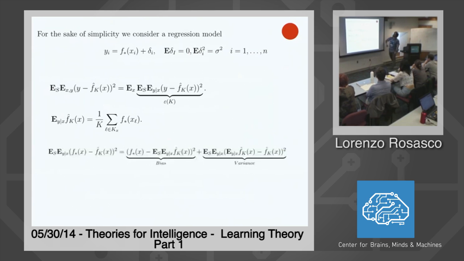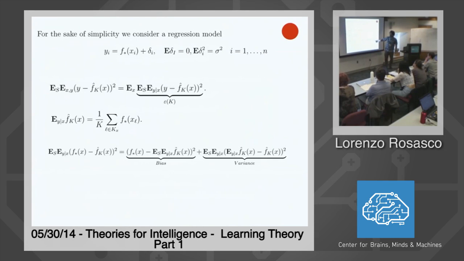But the point here is that you can literally add and subtract this in this expression. So you basically have f star minus the expectation, and then you have the estimator minus the expectation, and you can prove that the cross term is 0, and you get two pieces. One is the bias, and one is the variance.